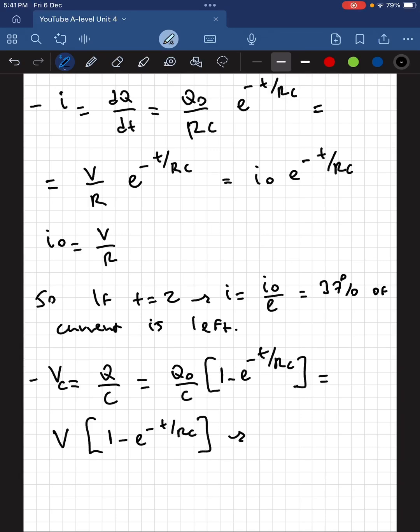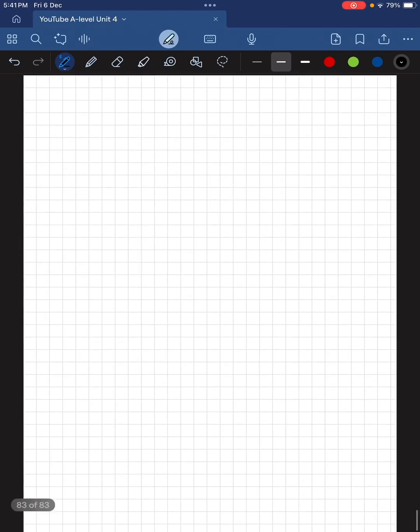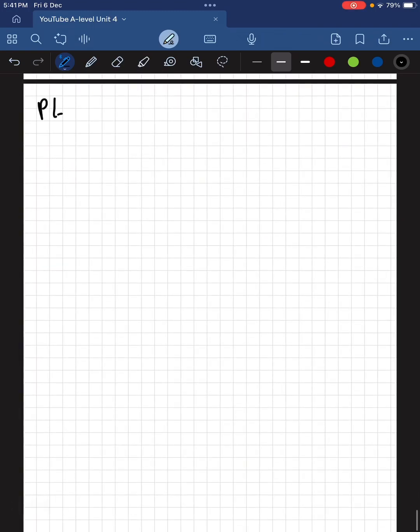So this curve is similar to the Q versus t curve. Okay, let's go plot these curves. Okay, plots. Let's make these plots for the charging phase.